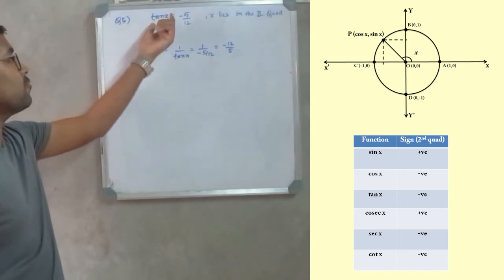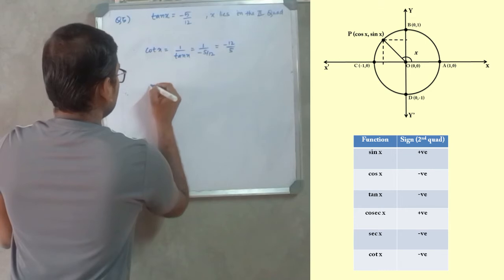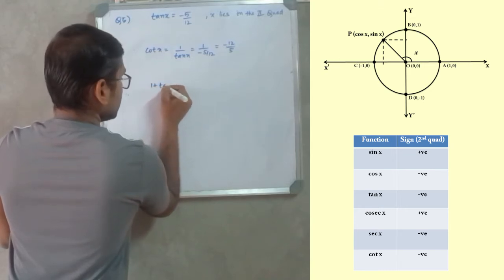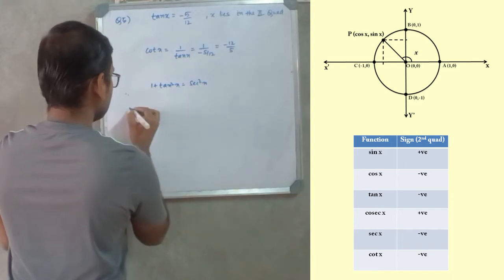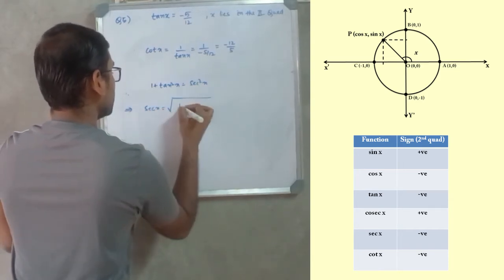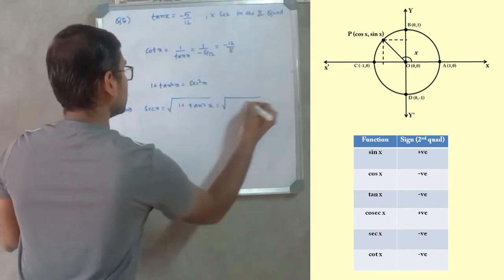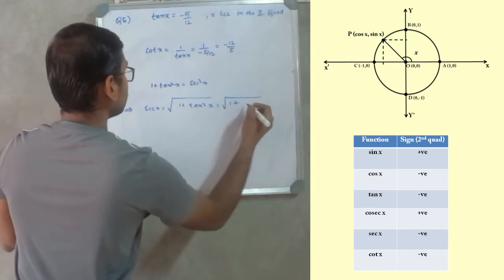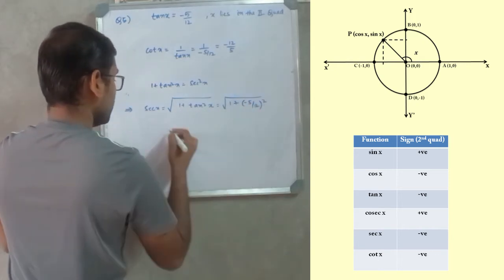Now, if I know the value of tan x, I can easily find the value of sec x. We have the relation 1 plus tan square x is equal to sec square x. Now, using this relation, sec x is under root 1 plus tan square x. Under root 1 plus minus 5 by 12 whole square.